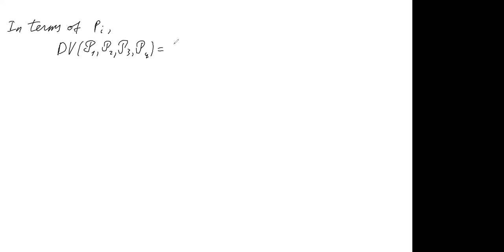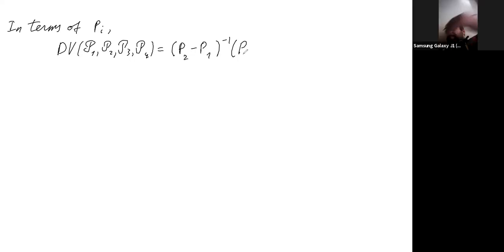We first take the difference P4 minus P3 and take the inverse of this operator, multiplied by, sorry, it's not P2, I'm sorry. I looked in a different place. It should begin with P2 minus P1.